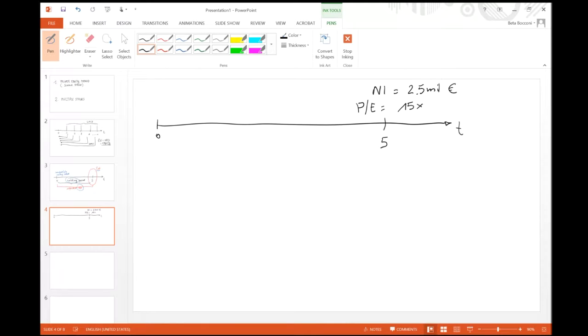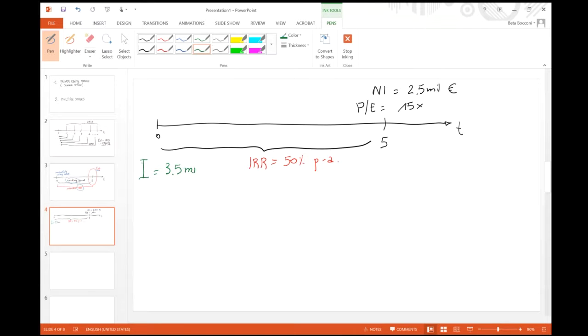Furthermore, what we know is that this investor is willing to get for this investment an expected IRR on a yearly basis corresponding to 50% per annum. And last but not least, we know that we, investors, want to deploy an investment amount of 3.5 million euros.